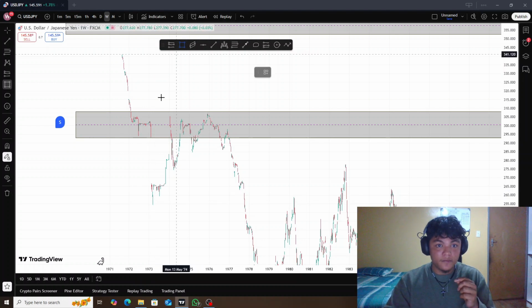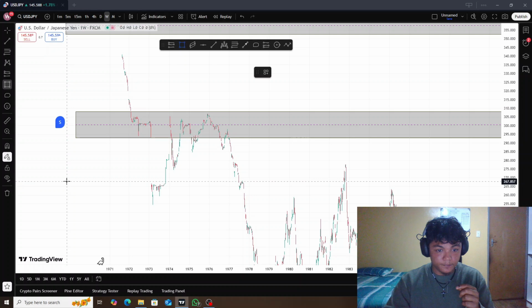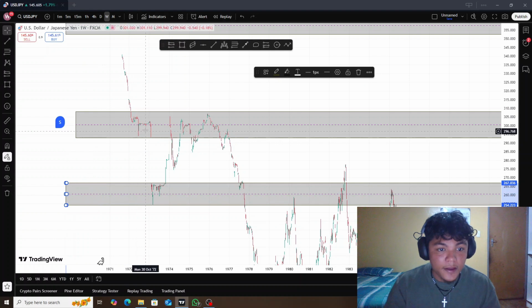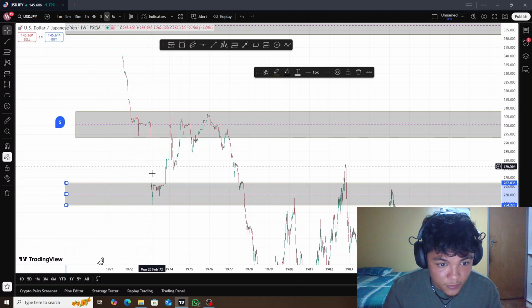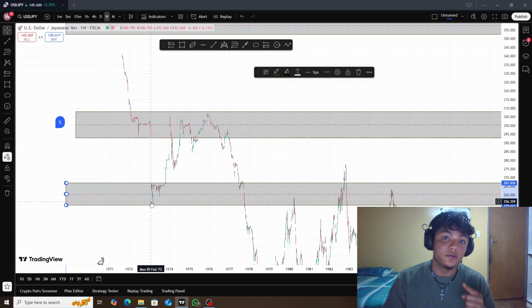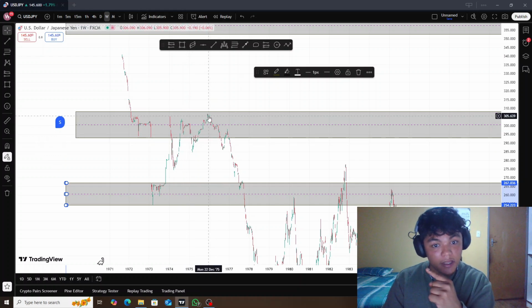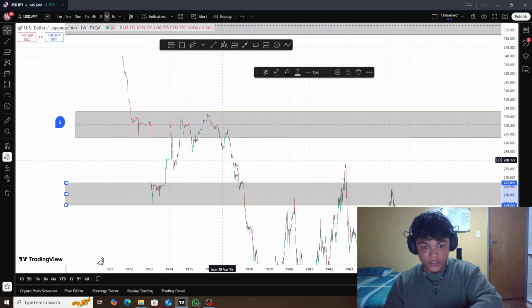So now we have another zone here. Now because it broke the support level, it should go up to retest the support level, and then it should go back down again.